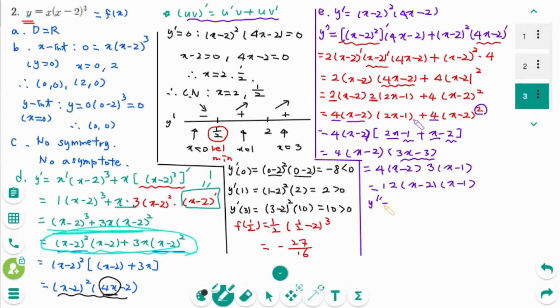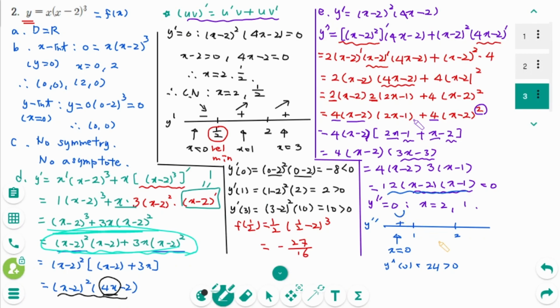Then y second prime equals 0. That means (x minus 2)(x minus 1) equals 0. Then x equals 2 and 1. The number line is here. y second prime, 1 and 2. When the testing number is 0, use this one. f second prime of 0 equals 24, which is positive.